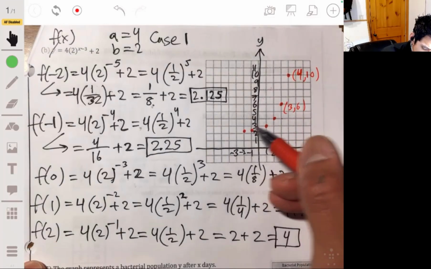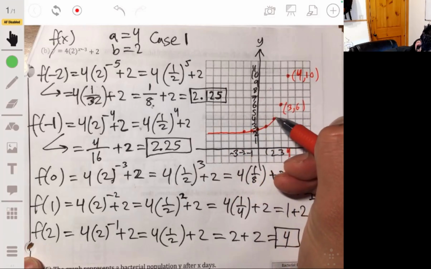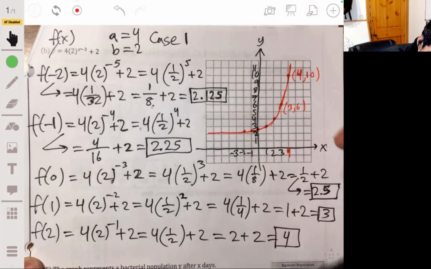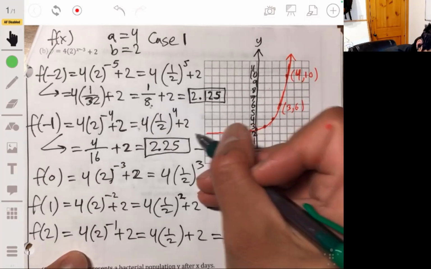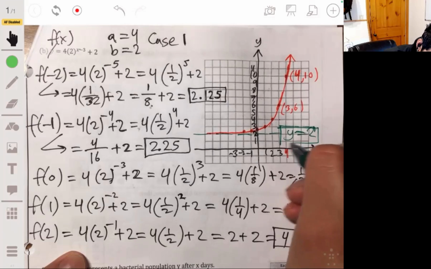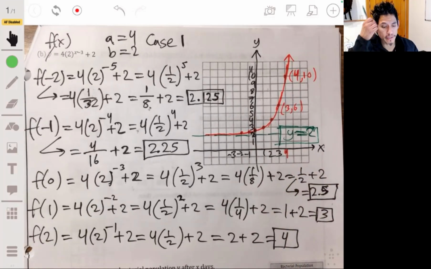What do you notice the numbers are approaching down here? I can't actually hear you, but I feel that you guys are saying it's going to be 2, the line y equals 2. You're correct. This is the asymptote. The values will get very, very close to 2, but we'll never reach it.